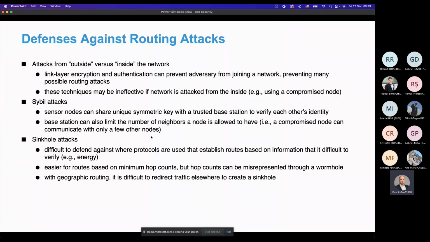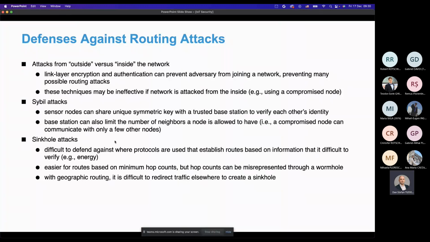So one category of protocols that is resistant to these attacks is geographic routing, because networks using location-based routing techniques establish a topology on demand based on localization, interaction, and information without the initiation from a base station. So since traffic is naturally routed toward the physical location of the base station, it is difficult to redirect traffic elsewhere to create a sinkhole here.